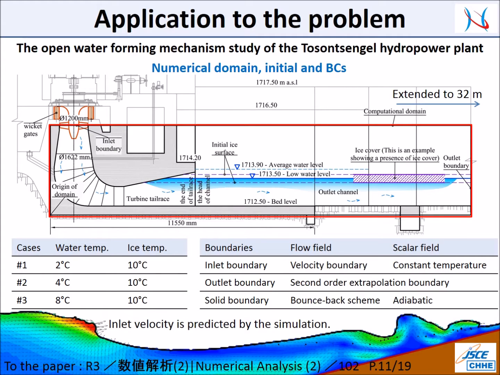This slide shows an outlet part of the hydropower plant, showing the computational domain including inlet and outlet boundaries and the ice cover.